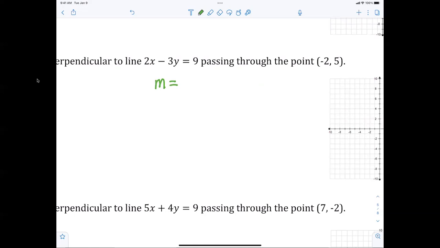Everybody should be able to look at that and say, obviously, the slope is 2/3. Anybody have a problem saying the slope of that line is 2/3? Can everybody see that? So then the slope of the perpendicular would be what? -3/2. So Ava, what's the equation?